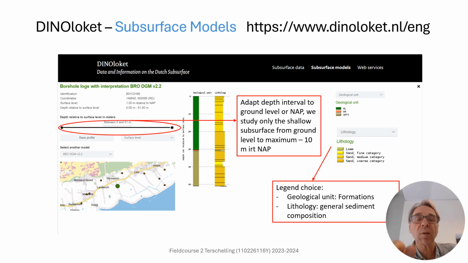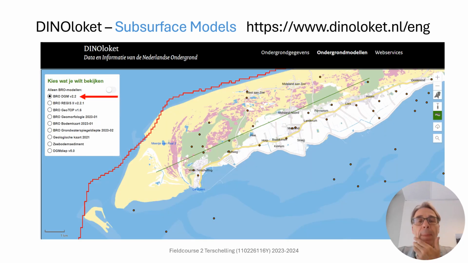In each of these subsurface models, you can have the geological units, the stratigraphical Holocene units, not summarized, and we have the lithology, so loam and very different types of lithologies in there. They're also modeled, and they come closest to this area.